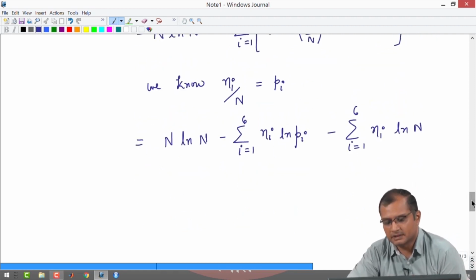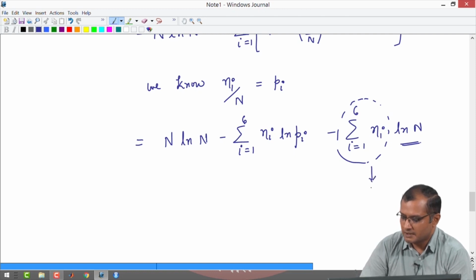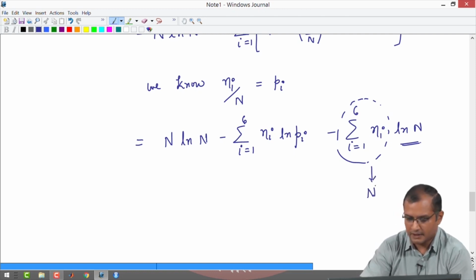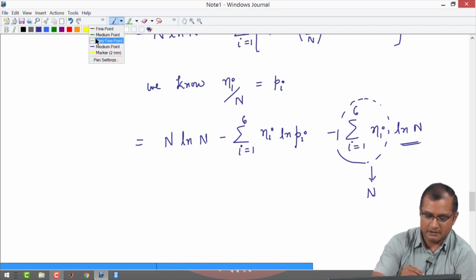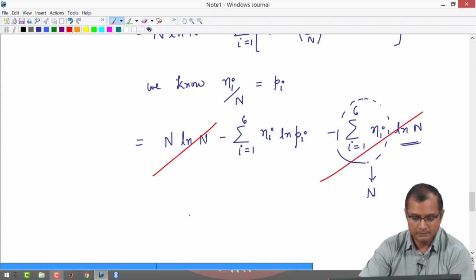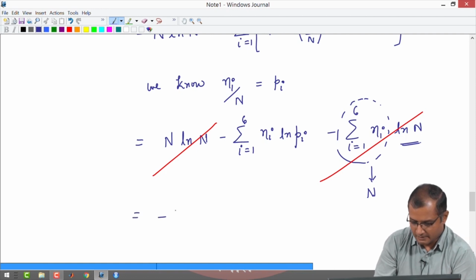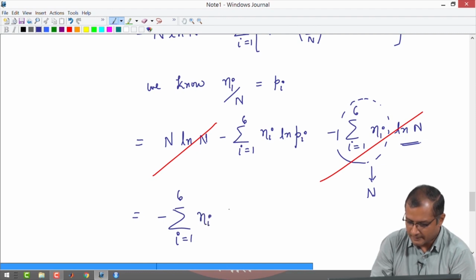Now, look at the first term and the third term. This is a constant ln n, okay, and summation i going from 1 to 6 ni is nothing but n, okay. So, you can knock off the first term and the third term, and what you are left with is just minus summation i going from 1 to 6 ni ln pi.